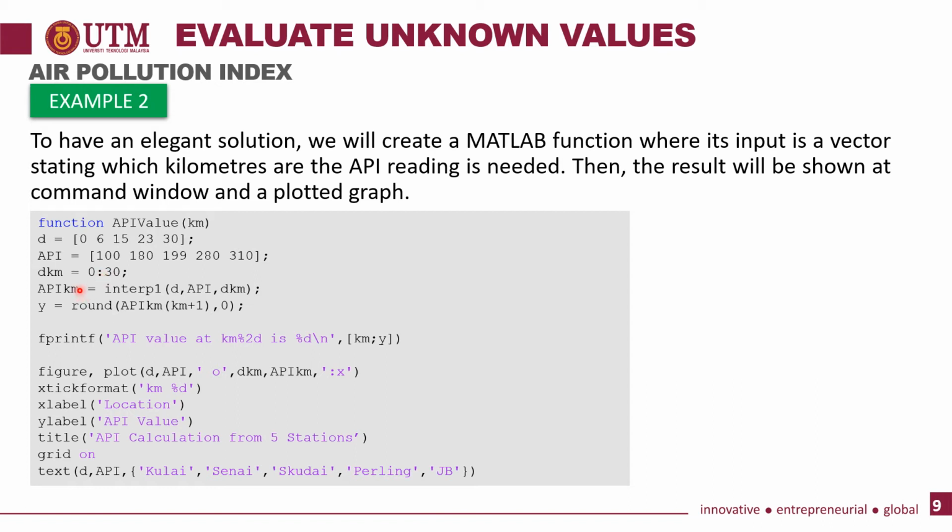So API kilometer is equal to interp1 of D, which is the value represented on the x-axis, API, which is the output or the function of D, represented on the y-axis, and DKM, which is the distance between the missing points.